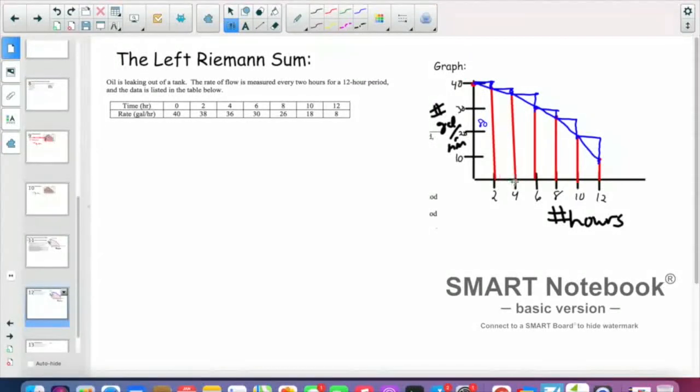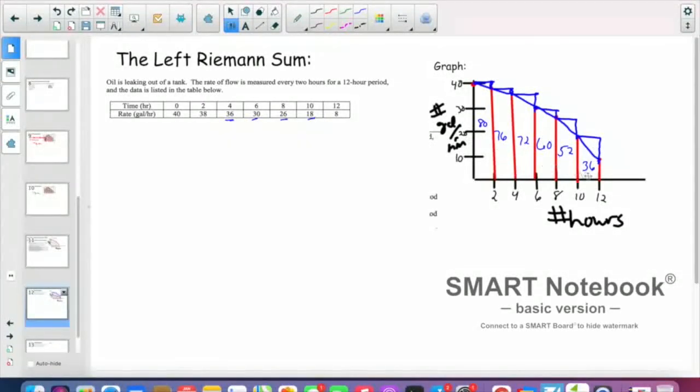This one will be 2 times, at 2 we are at 38, so 2 times 38 is going to be 76. 2 times at 4 we were at 36, 2 times 36 is 72. 2 times at 6 we were at 30, so 2 times 30 is 60. At 8 we were at 26, 2 times 26 is 52. At 10, we were at 18, and 2 times 18 is 36.